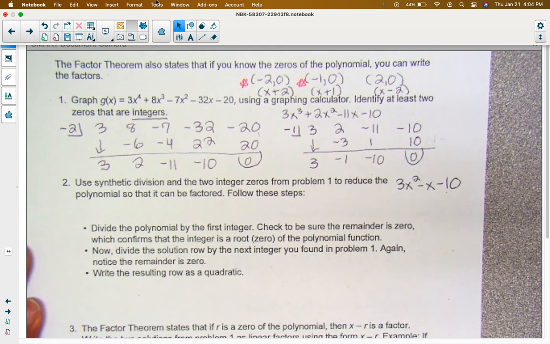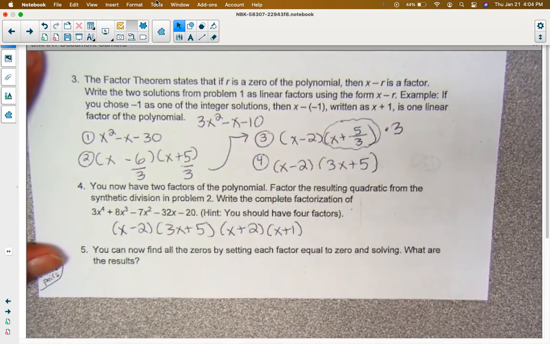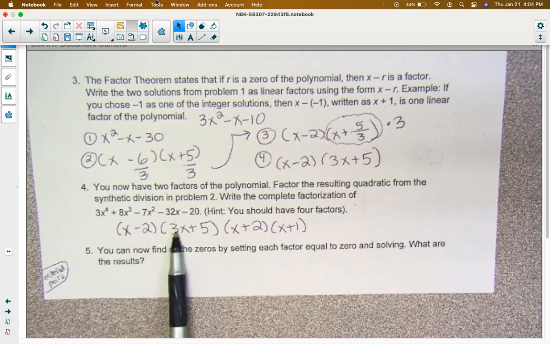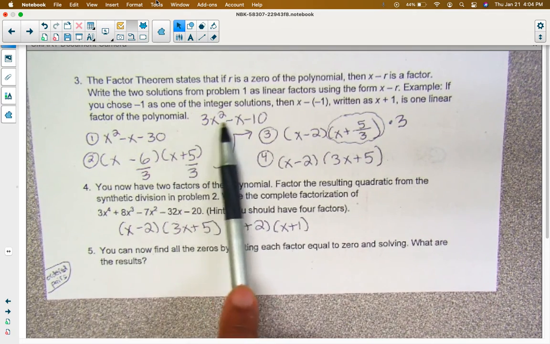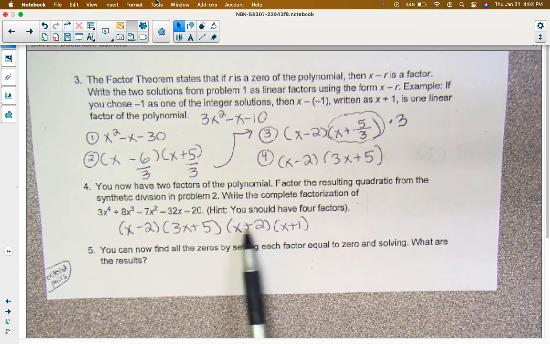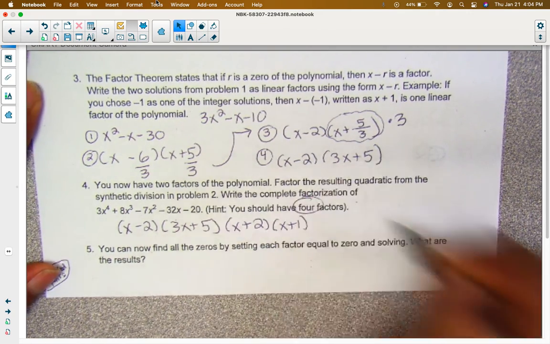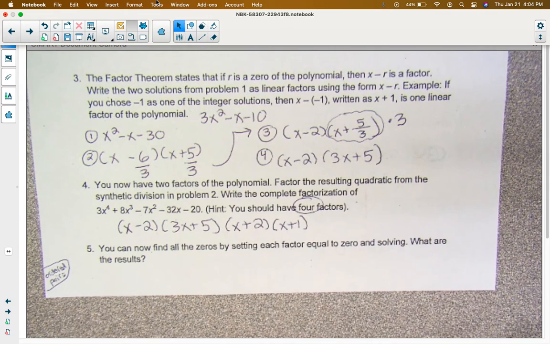So that would be x plus 2 and x plus 1. So one more time in case we missed that. These 2 factors we just got from factoring this quadratic. These 2 factors are what we used when we did synthetic division. So now we have all 4 factors, because right here it said we should have 4 factors.